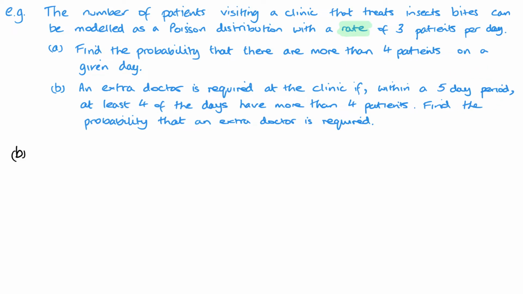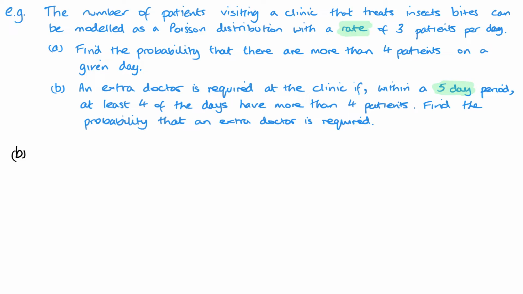Because we're extending that over a 5-day period, this bit now is going to indicate that it's going to change into binomial. And this is a very common theme within the exam, where you might start with a Poisson distribution here, and then one of the later parts will switch to a binomial. And in this case, you'll be using the probability that you worked out with Poisson.